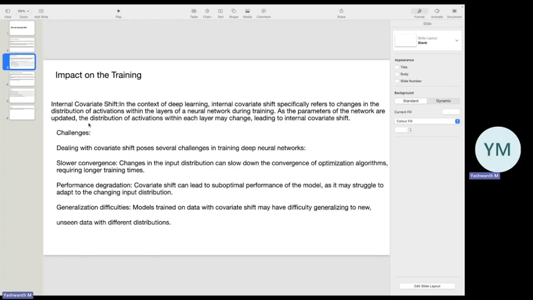Performance degradation: it can lead to a suboptimal performance of the model as it may struggle to adapt to changing input distribution.